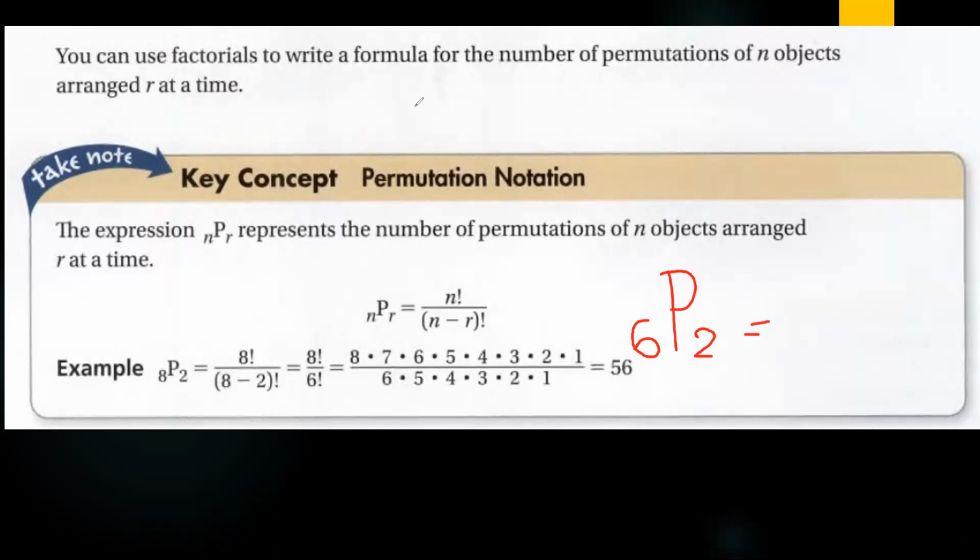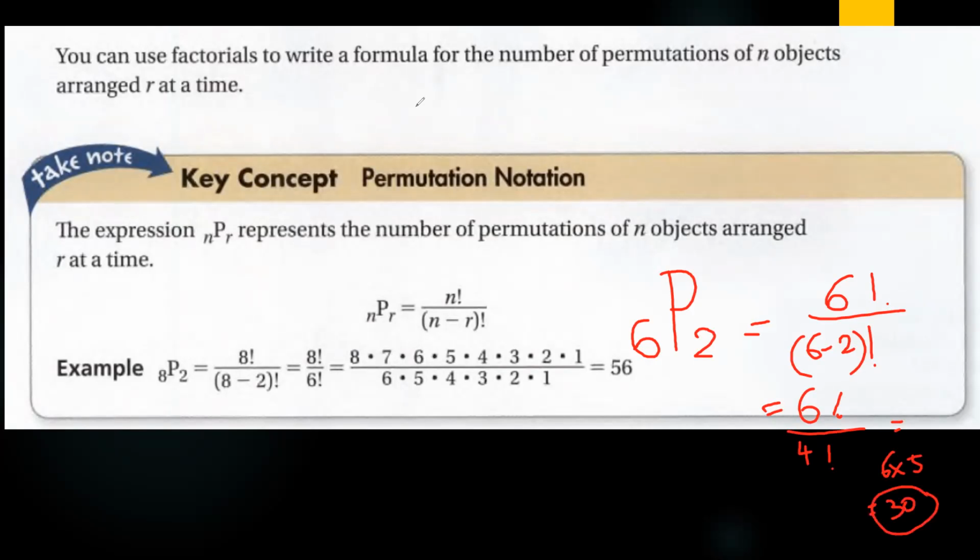The formula is 6 factorial over (6 minus 2) factorial, which is 6 factorial over 4 factorial, which means 6 times 5, which is 30. So that means you have 30 ways to choose 2 books from 6.